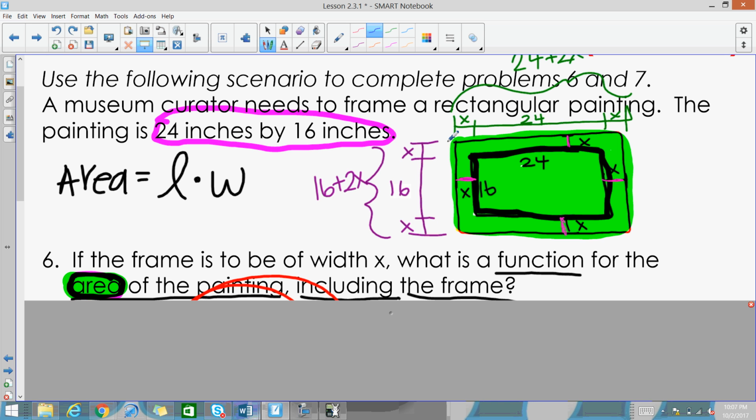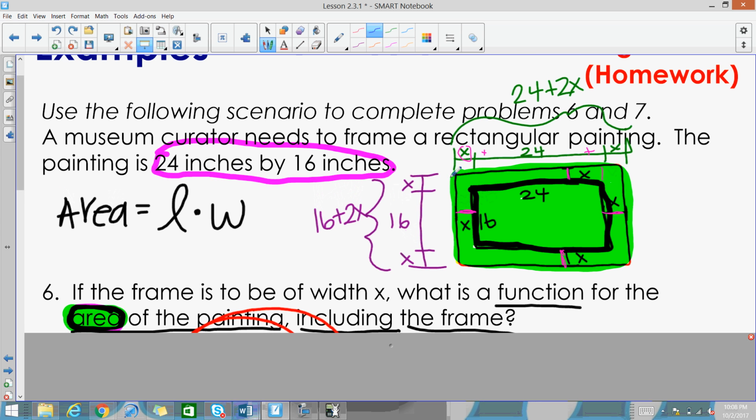Meaning that if we were to calculate the entire width going across, let's start with this. If you start at the edge of your frame to your painting, that's x, plus, now your painting's 24 inches long, so plus 24, and then once you get to the end of your painting, you have another x, so you plus x. So up here, I have a simplified value.